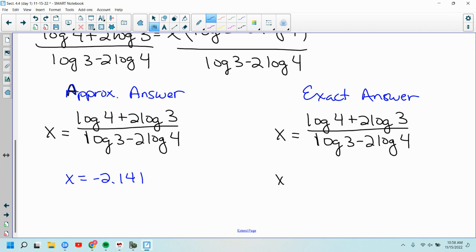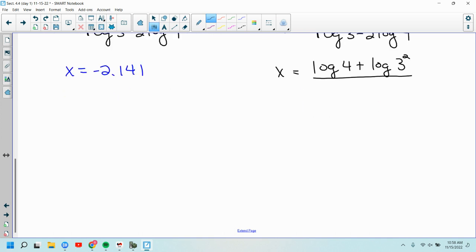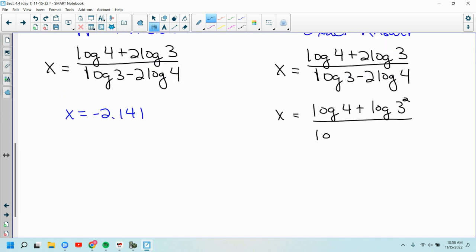So this becomes log of 4 plus log of 3 squared over log of 3 minus log of 4 squared. All right, well, I'm going to cheat here for a little bit. What does 3 squared equal? 3 squared is 9, so that's really going to be a 9. What's 4 squared equal? 16, so that's a 16.